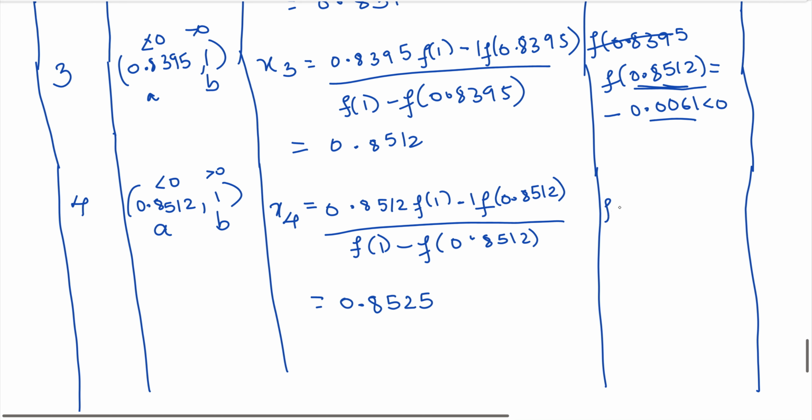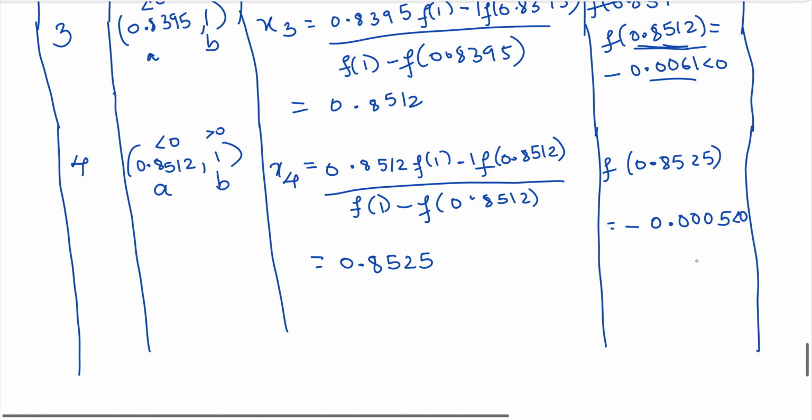Now what is f of 0.8525? So the answer is minus 0.0005, which is again less than 0, but we are already getting a feeling that this is about to become 0, right? But still this is giving us less than 0. Our new x value gives us less than 0.